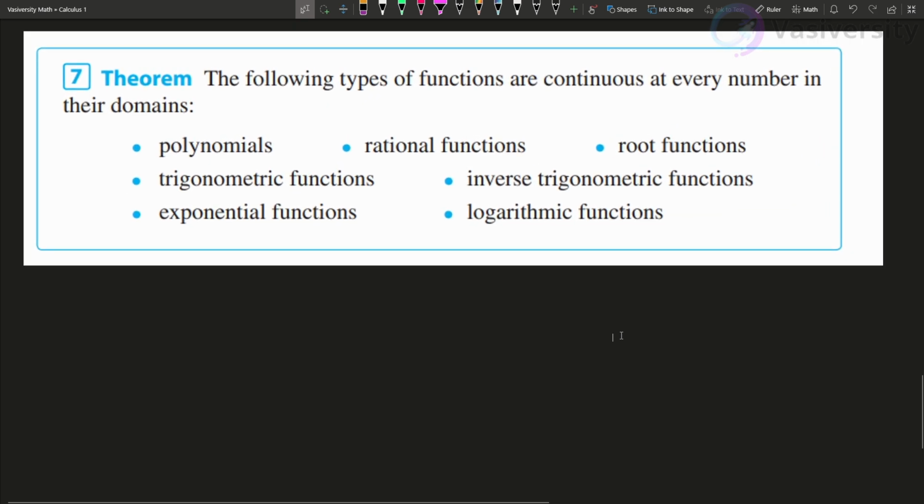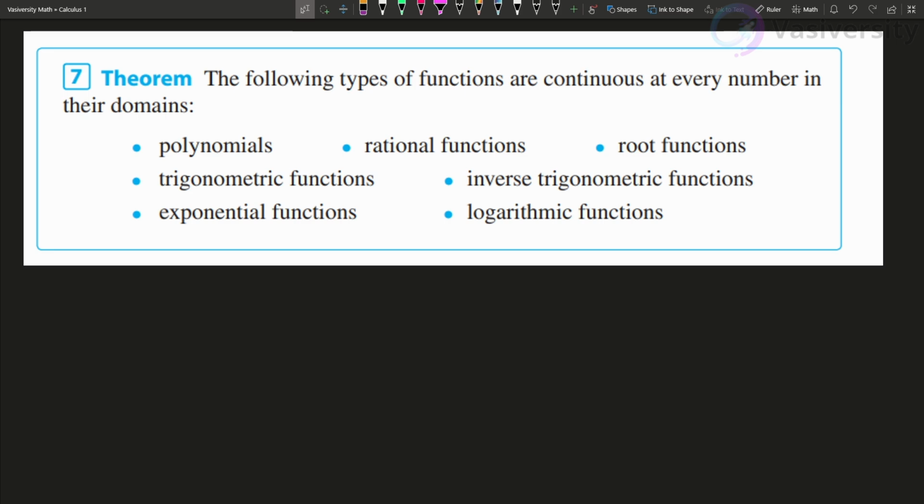The following types of functions are continuous at every number in their domain: polynomials, rational functions, root functions, trigonometric functions, inverse trigonometric functions, exponential functions, logarithmic functions. This is the majority of the functions that we are using. As you can see, difficulty comes with piecewise functions and step functions, because it might be difficult for us to define the continuity.